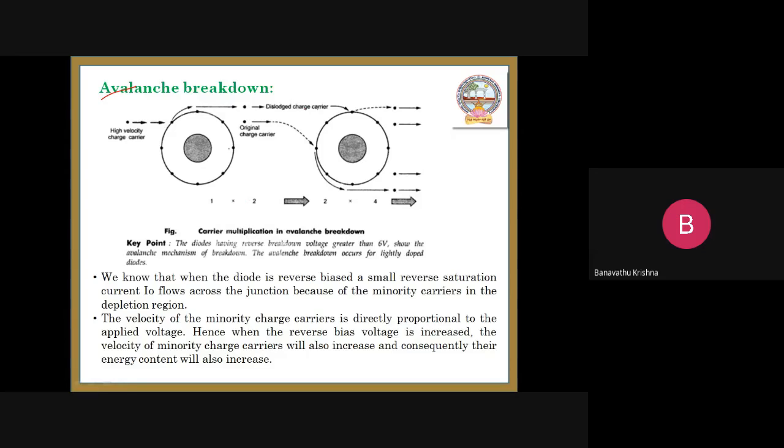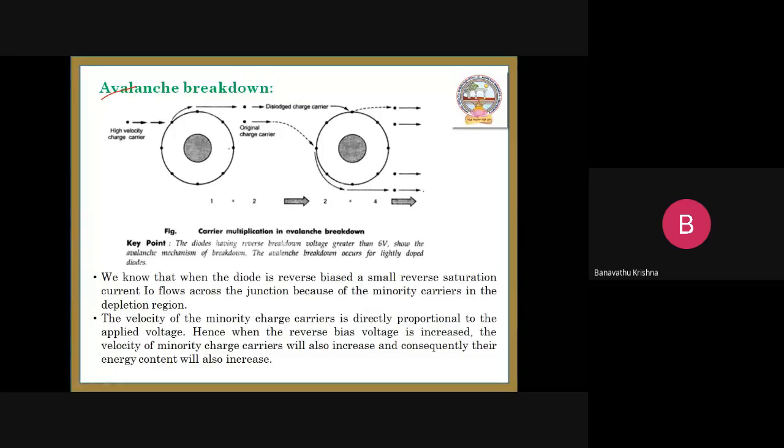Then each of the two again releases two charge particles. Finally, 2 into 4, so a total of 4 charge particles are available here.